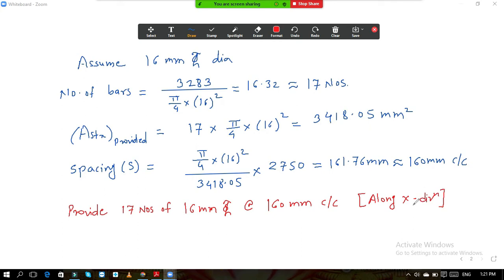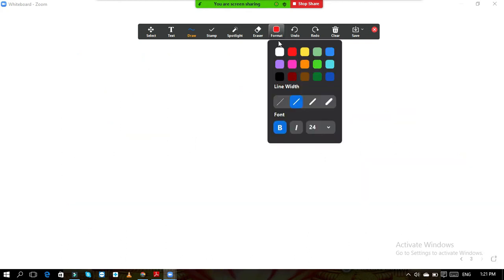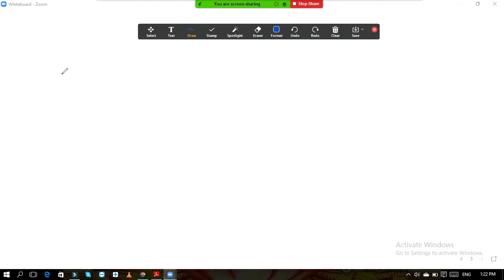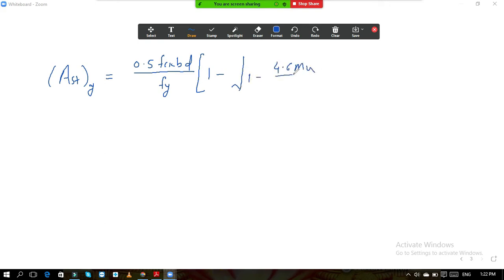After that, same way we will calculate steel in y direction. So ASTY, steel in y direction, is equal to, again the same formula, 0.5 FCK BD divided by Fy, in bracket 1 minus under root 1 minus 4.6 Mu divided by FCK BD square.